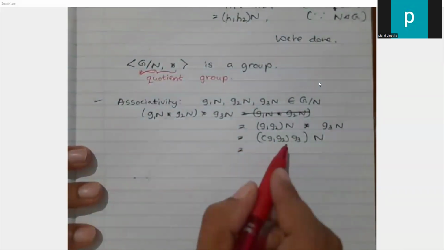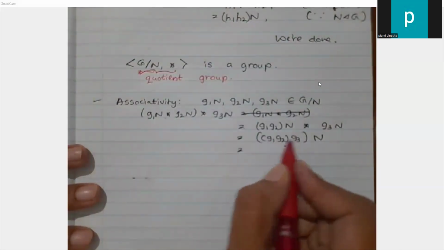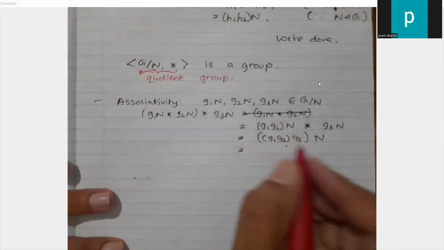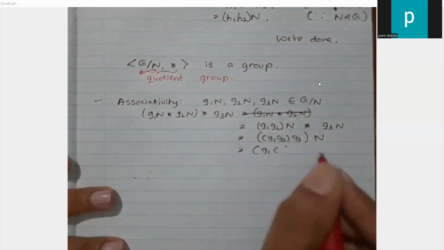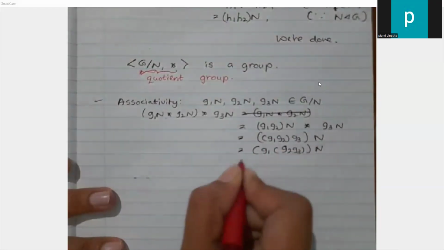Now, g1, g2, g3 are all elements in the group G, right? And this product is by the binary operation over G, and that is associative. So using that associative property, we can write this as g1 times g2g3.